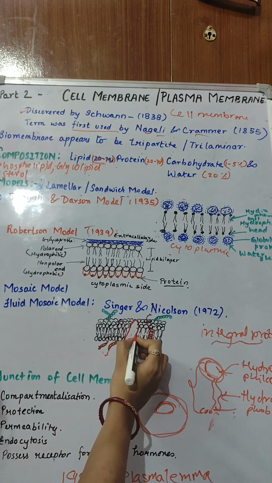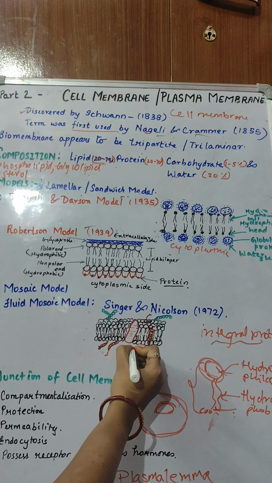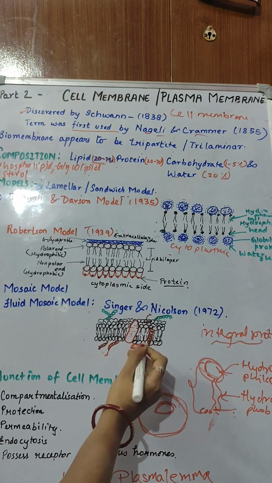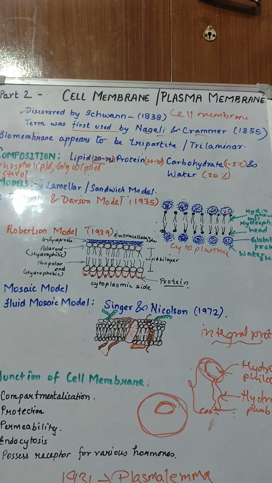It is an integral protein or transmembrane protein. And those proteins present at the periphery, not inside the membrane but on either side of the membrane, are peripheral proteins. So on the basis of position, proteins are classified as integral and peripheral.